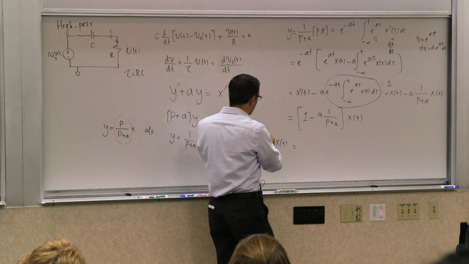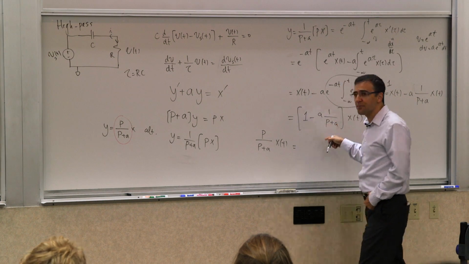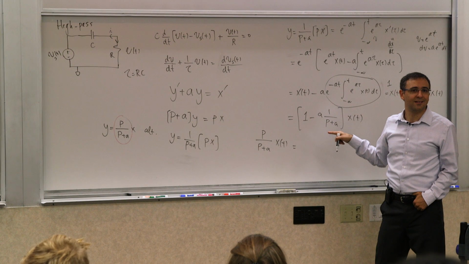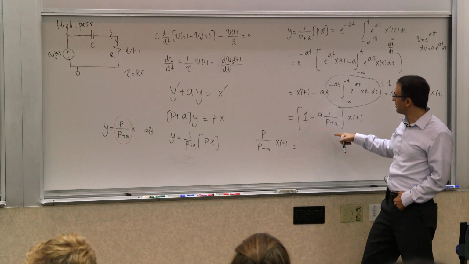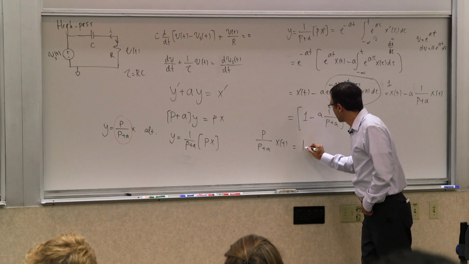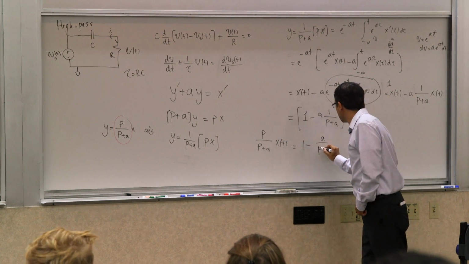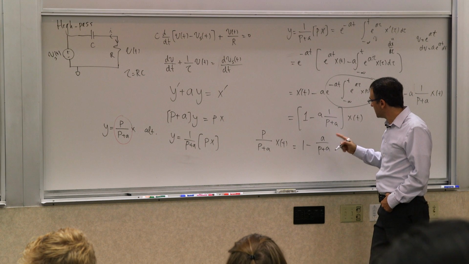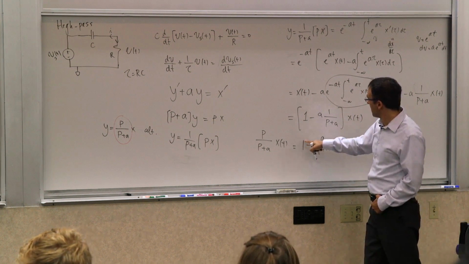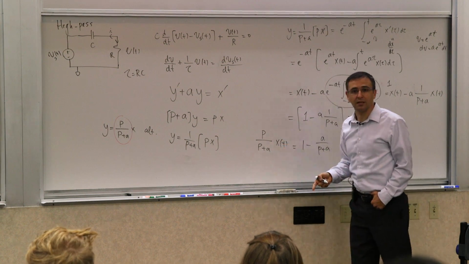Now p over p plus a of x really acts like a rational function. These really are acting like rational functions. Because if you treated this as 1 minus a over p plus a algebraically, what you see is that this becomes p plus a. The common denominator would be p plus a minus a, which becomes p over p plus a.